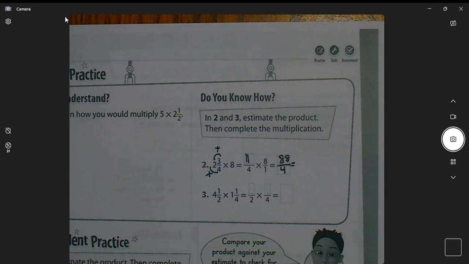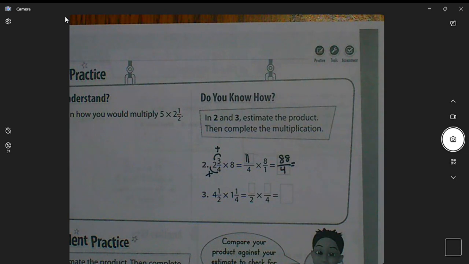I know that 4 can go into 80 how many times? How many 4s will fit inside of 80? That's like saying 8 tens divided by 4. Yeah, it's 20. Now, I have 8 left over. Can I get 4 to go into 8?